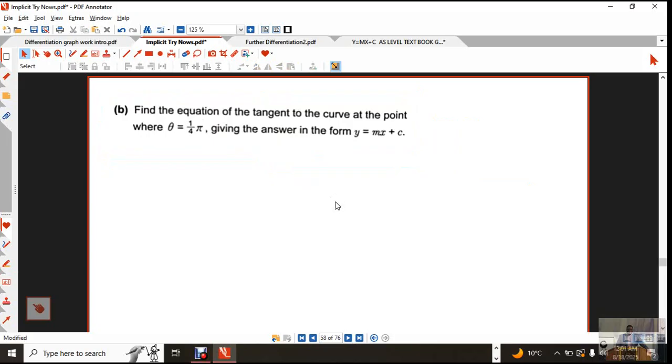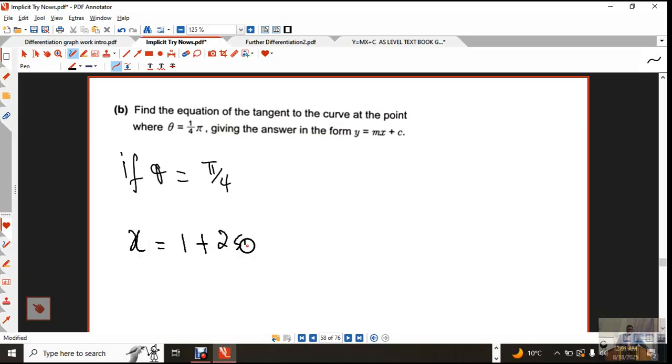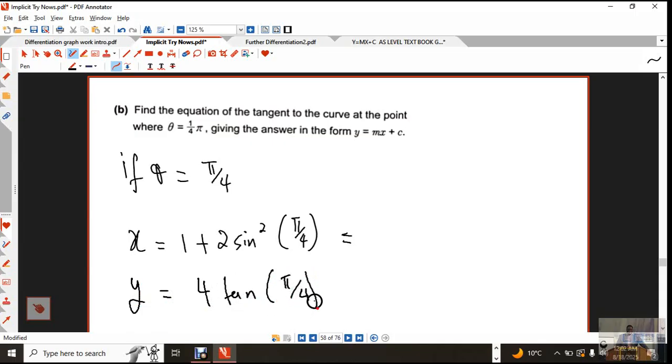So we know that at a point where theta equals pi over 4, x was equal to 1 plus 2 sine squared of pi over 4. We're going to see what that gives us. And then y was equal to 4 times the tangent of pi over 4.